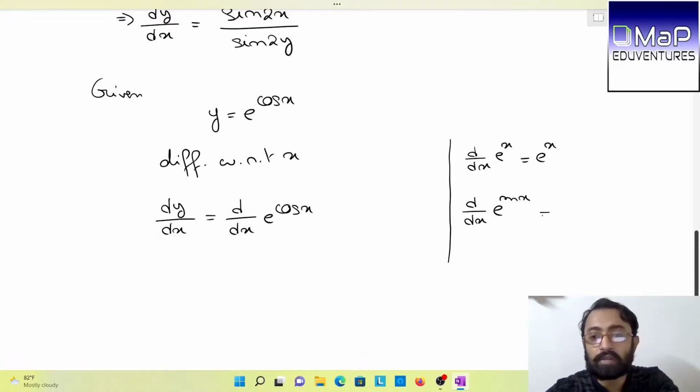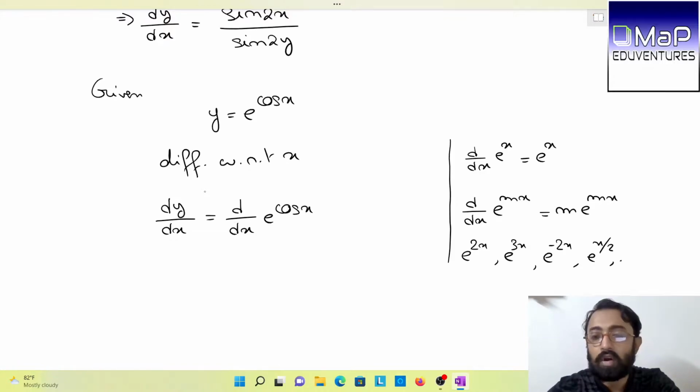Now m is a constant and x is a single variable, so we get m e to the power mx. As examples, e to the power twice x, e to the power thrice x, e to the power minus twice x, e to the power x by 2, all of them follow e to the power mx.